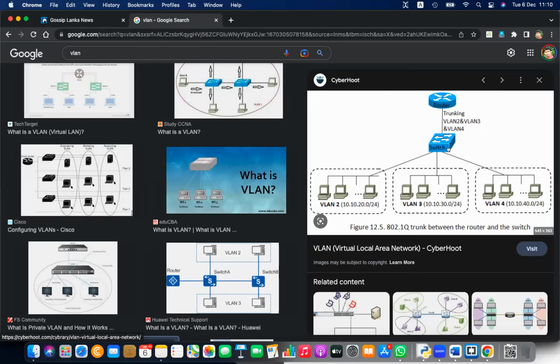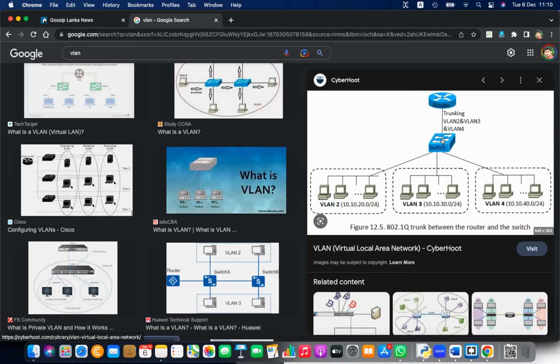But this should not be a hub, because a hub just repeats the signal which comes to it in binary format. A manageable switch can do more than that. It can understand the destination, it can understand who will communicate with whom. So we are using that feature to communicate.